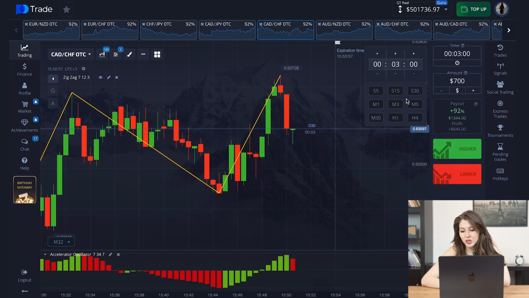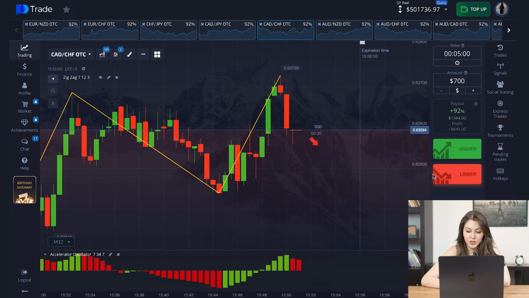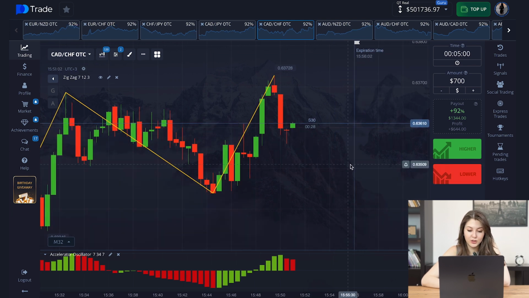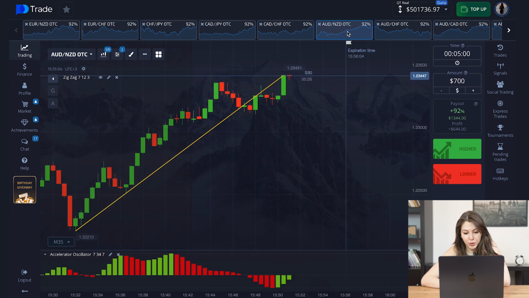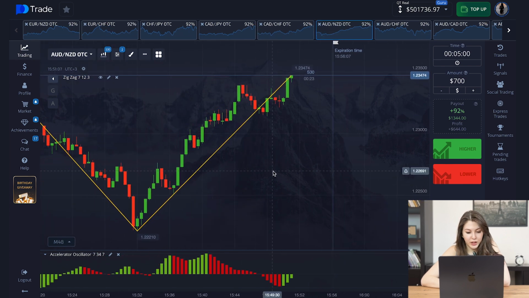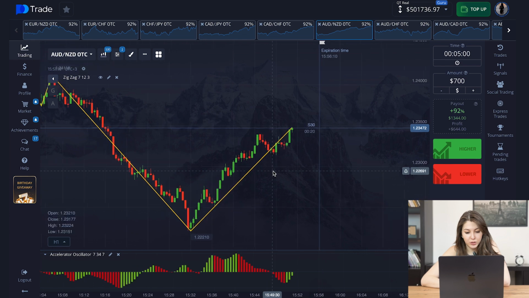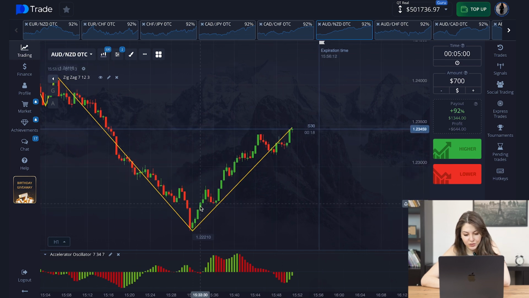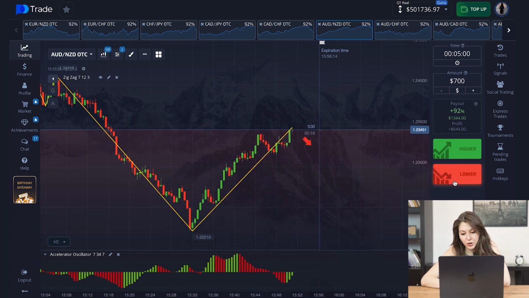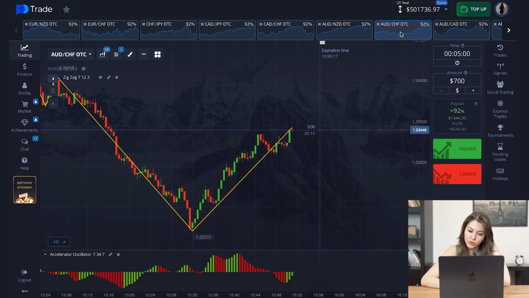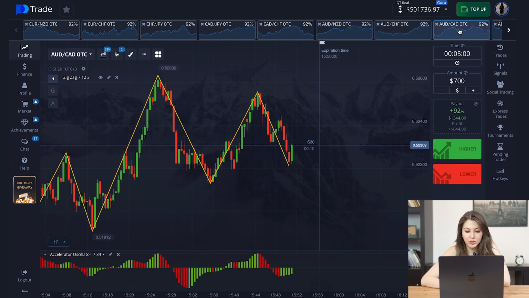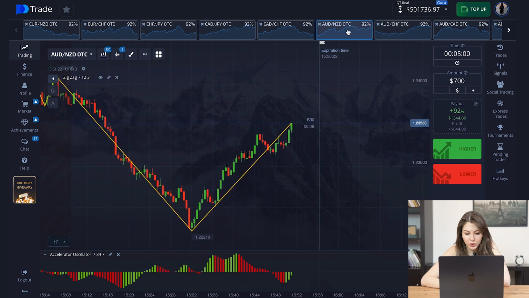And let's change the time to a 5-minute time frame, and let's think about what's going to happen. Probably let's see what's going to happen in this market. So in 5 minutes I can think that the trade is going to go downwards from here, but I don't really think so. So let's see.